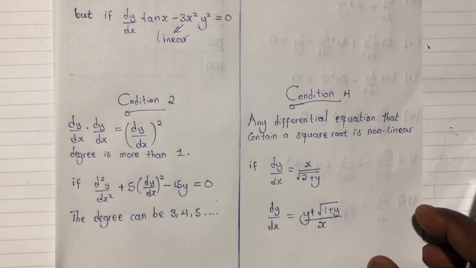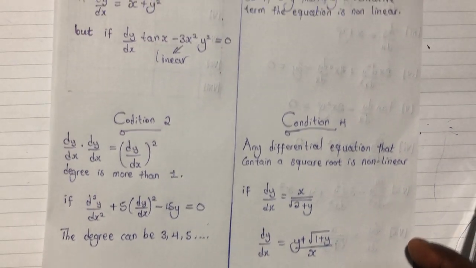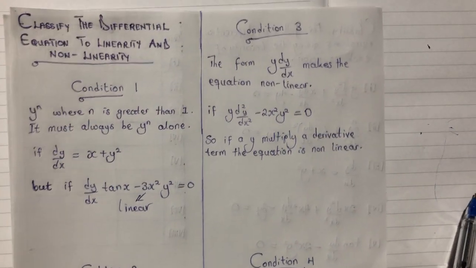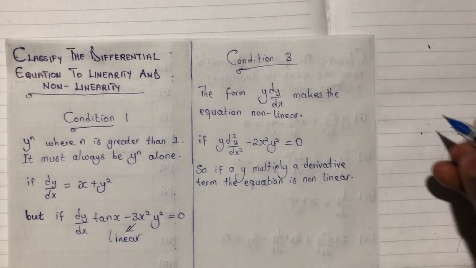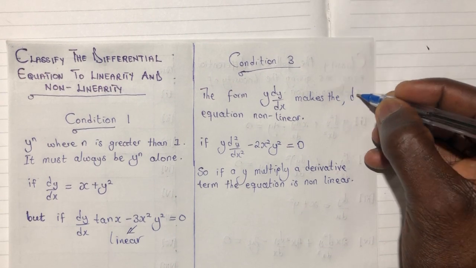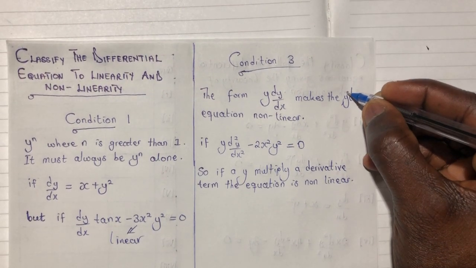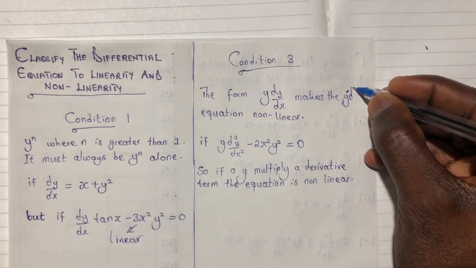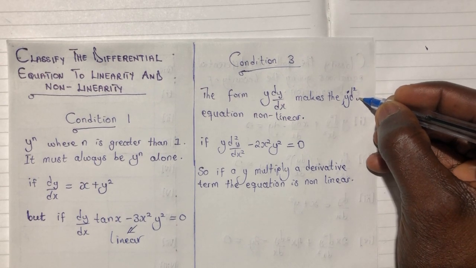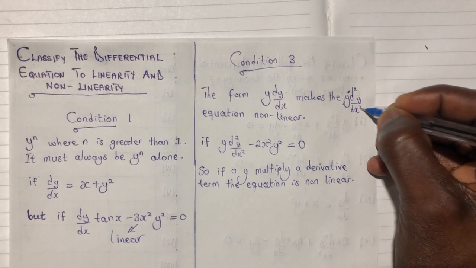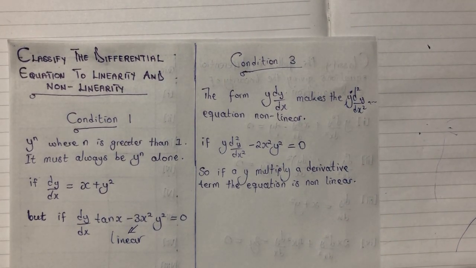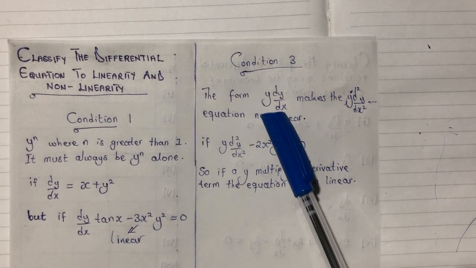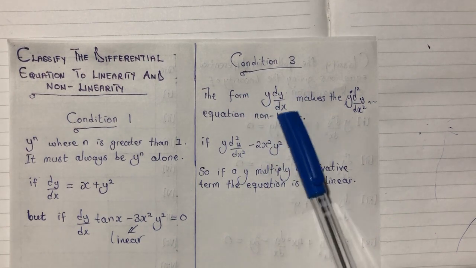Okay, so let's move on to the third condition. In the third condition, I will also add something like y d square y dx squared and above. So for this condition, we will come across the term or the form y dy dx.